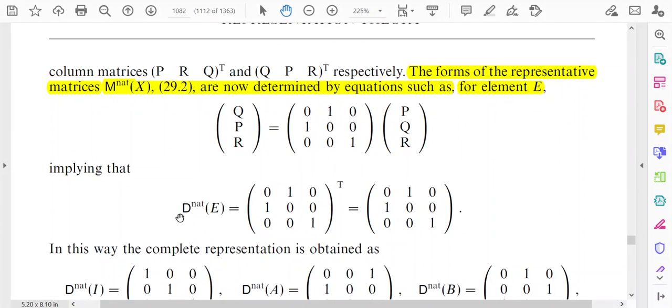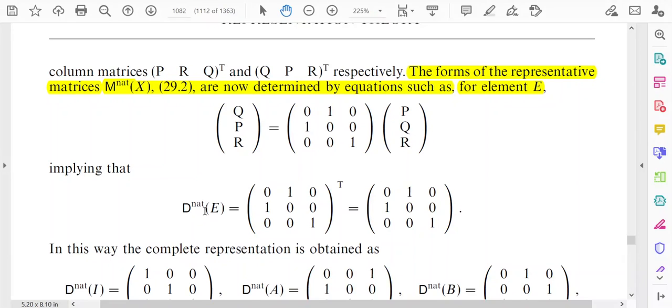So D of E, the representative matrix corresponding to the element E, is this one, and in the prefix we are writing NAT. NAT means natural representation. The definition of the natural representation we have discussed a little bit earlier.